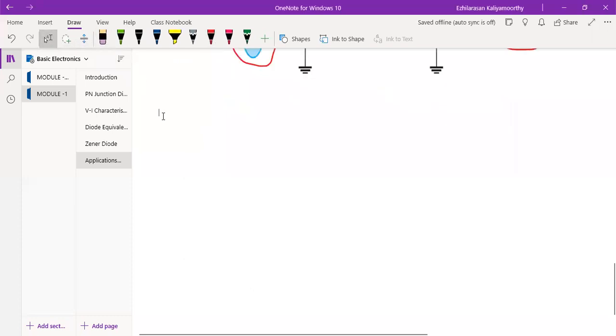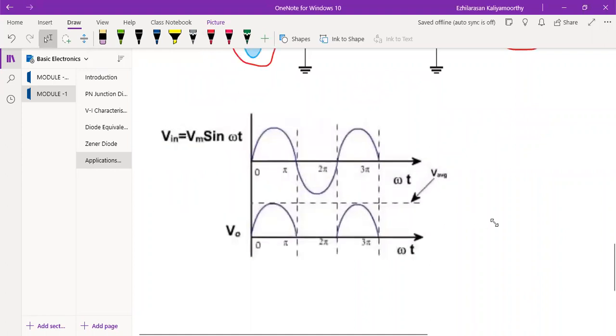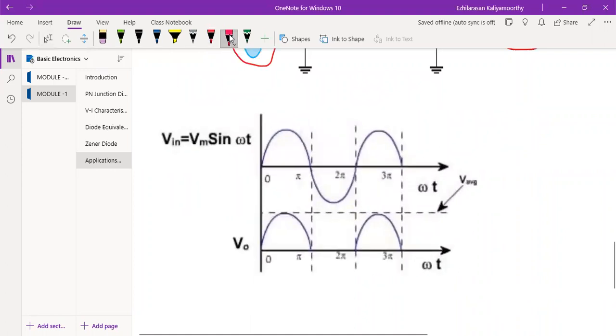Finally, together I need to draw the diagram. I hope you might have understood now. See here, this will be your input, and this will be your output. This is the input waveform, right?